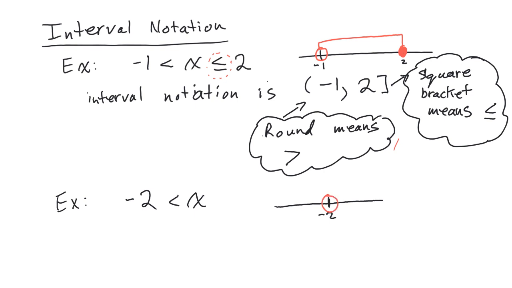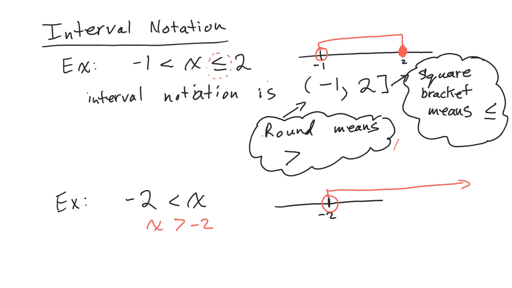I'm saying -2 is less than x. So I could rewrite this to say x is bigger than -2. All that means is that we've got all the points greater than -2.